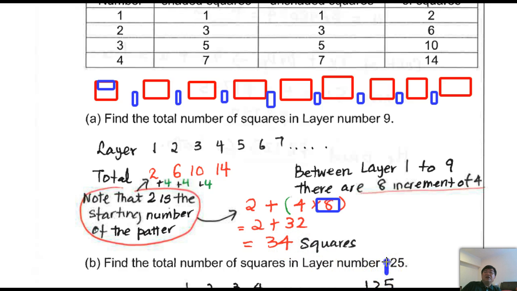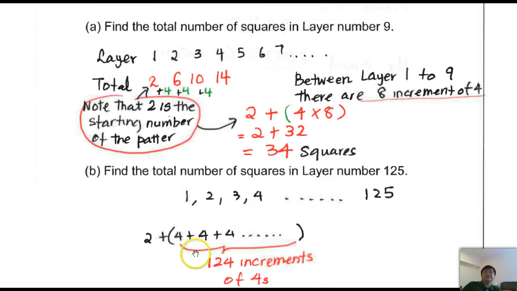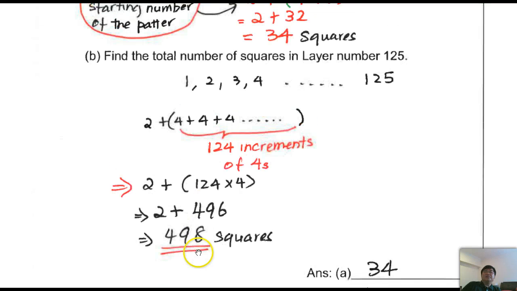So it's simple. Back to here. In 1 to 5, how many increments are there? 1 to 4 increments of 4s only. So start with 2 plus increments of 4, of 1 to 4.